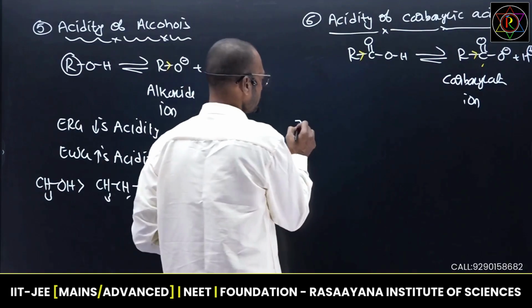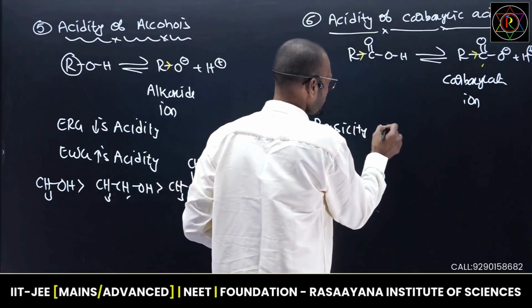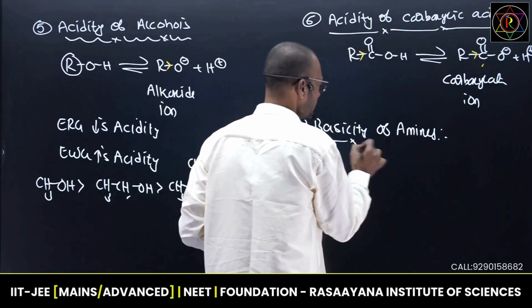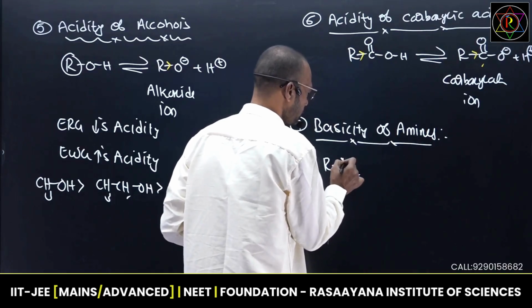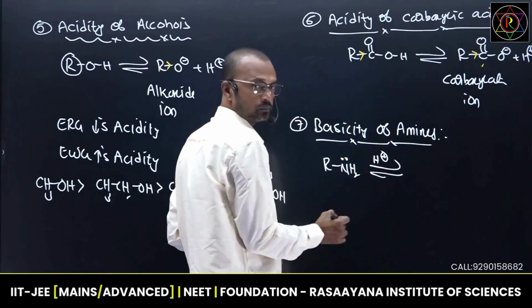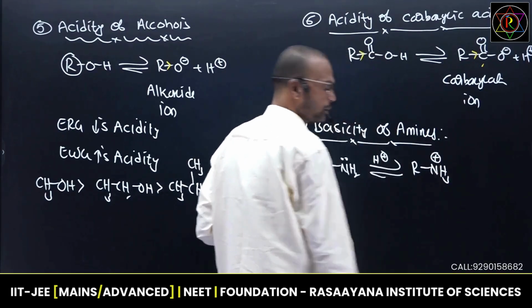And the last factor, basicity of amines. Amine basicity can be explained by the ability of donating a lone pair of electrons. Suppose this lone pair is donated to any acid, then there is a formation of ammonium, alkyl ammonium.